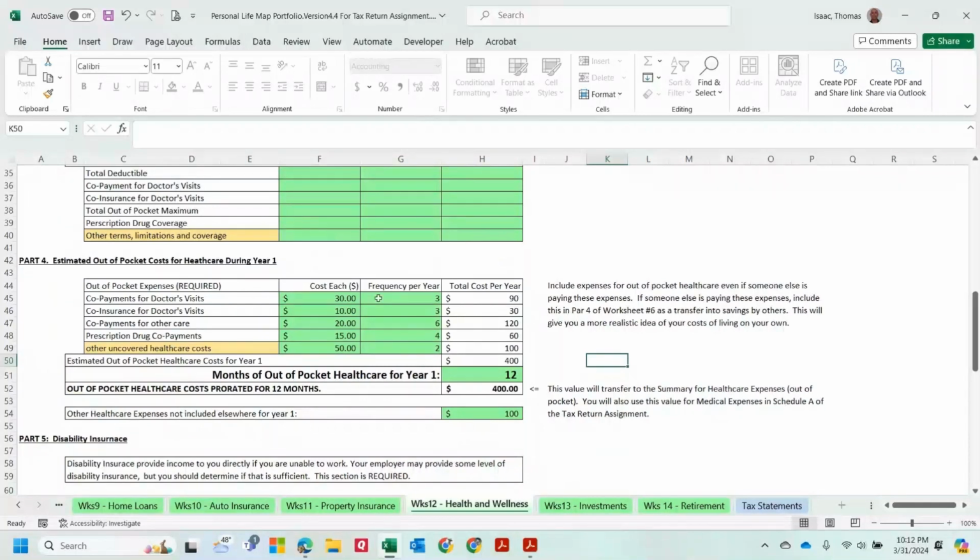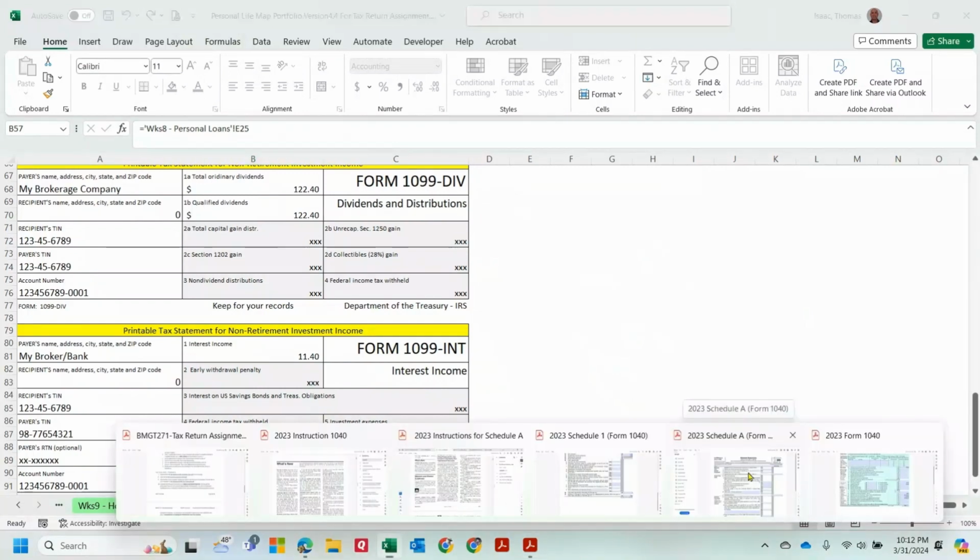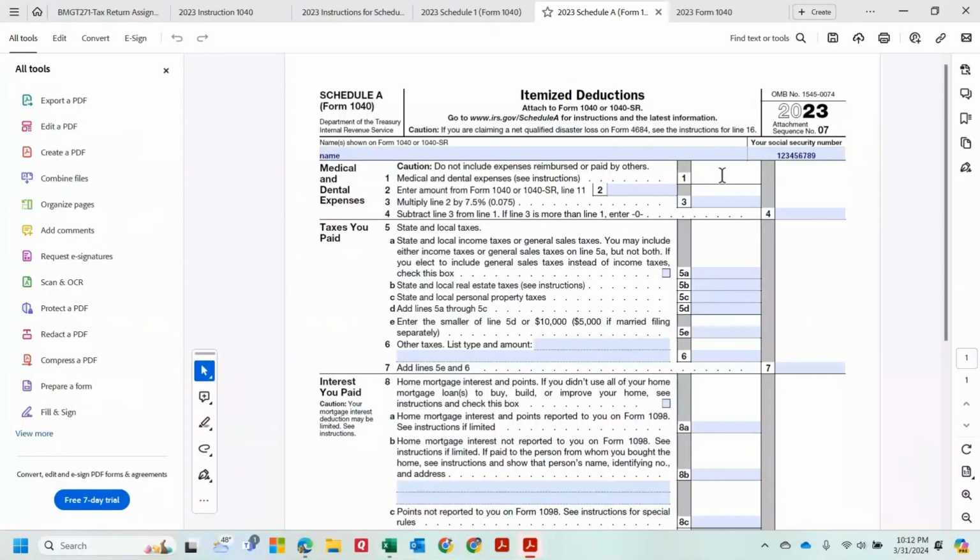In this case, I put in some numbers and I have $400 plus $100, totaling $500 of medical expenses that I had to pay that weren't paid by an insurance company, and we'll assume that those qualify as qualified medical expenses. The reason that there's nothing in the tax statements is nobody's going to give you a tax statement on this. This is going to be something you have to keep track of yourself. So I'm going to come over here to my Schedule A form, and I'm going to say that I have $500 of qualifying medical expenses.